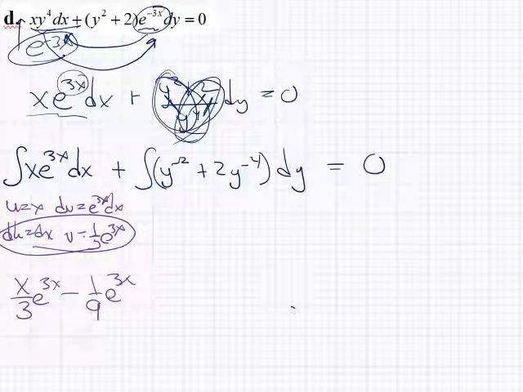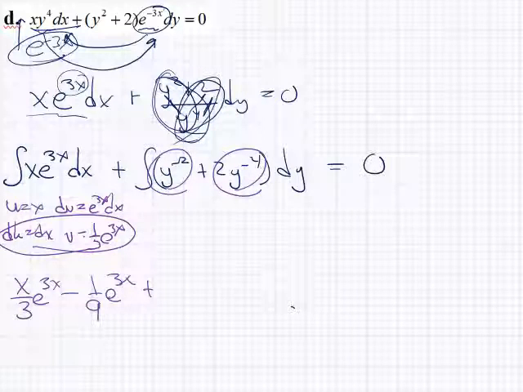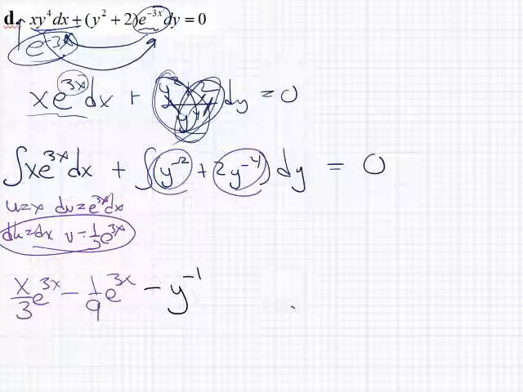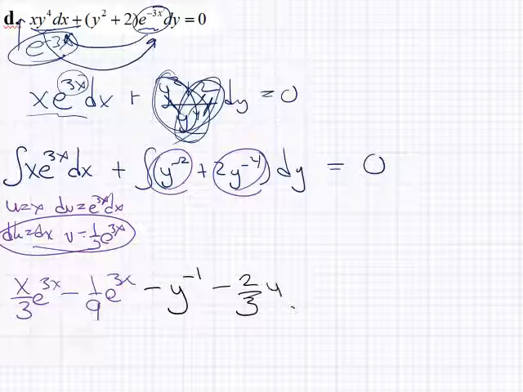So the integral of 1/3 e to the 3x dx, which would be 1/9, plus, then we're going to integrate each one of these. So this would be what? So it would be negative y to the negative 1, and this one would be negative 2/3 y to the negative 3 equals, say, c.